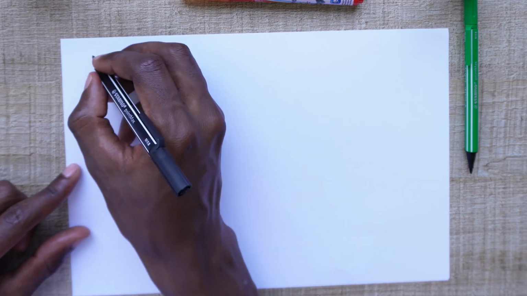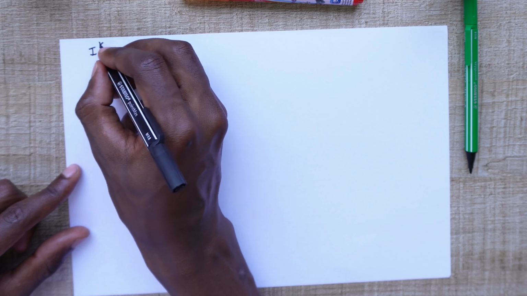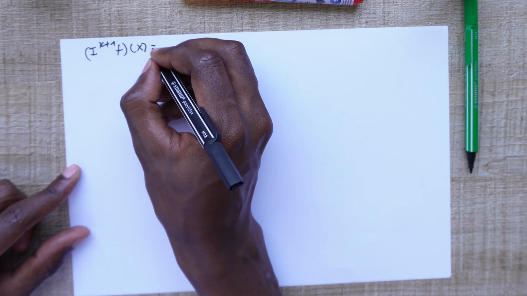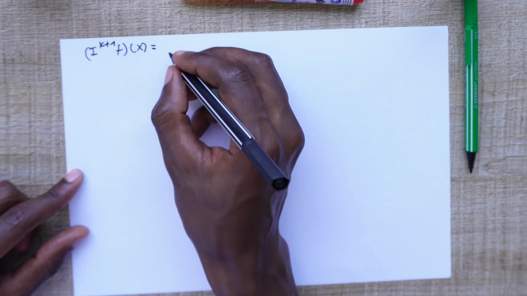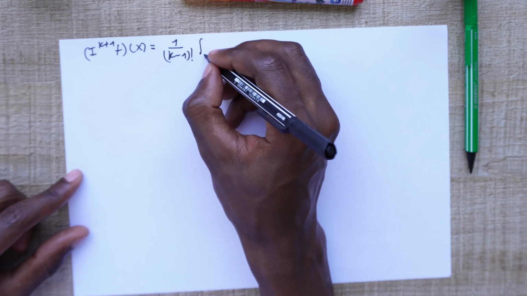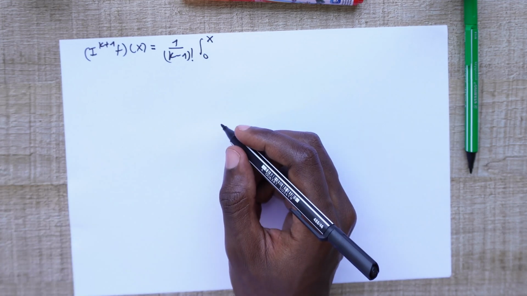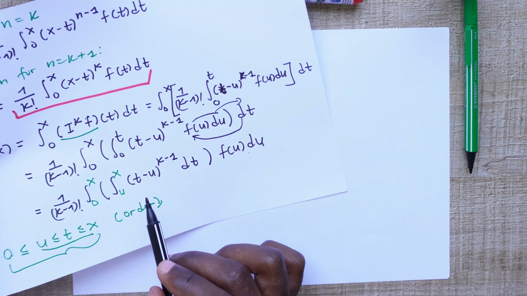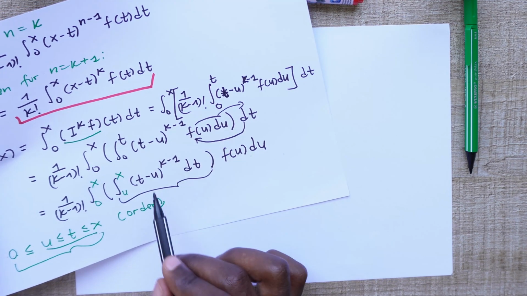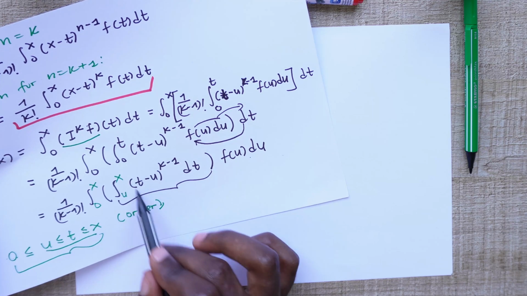We're going to have I k plus 1 f of x is just going to be equal to 1 over k minus 1 factorial times the integral from 0 to x. Now, in order to integrate this expression inside here, you see that this is just a polynomial.